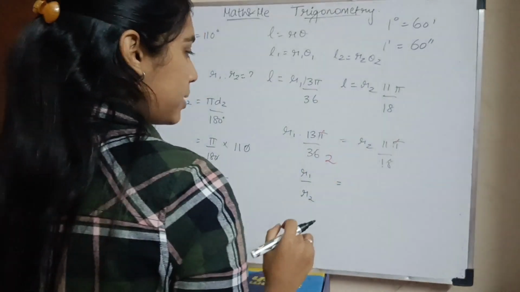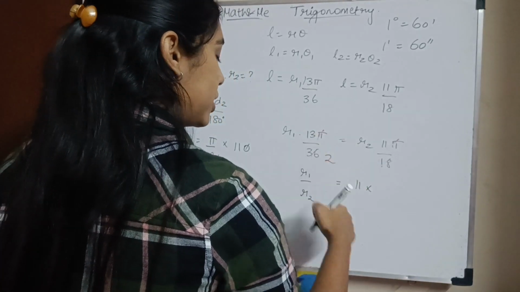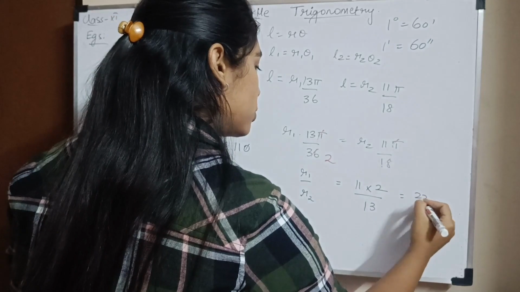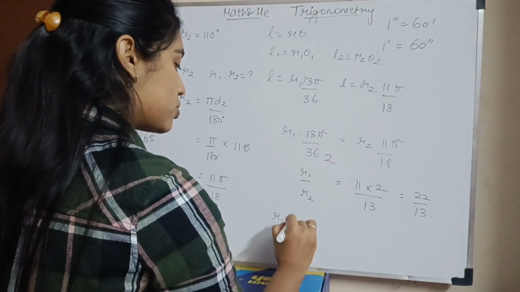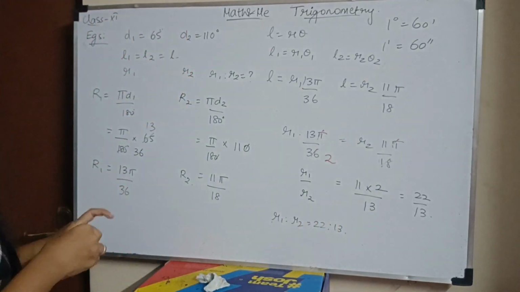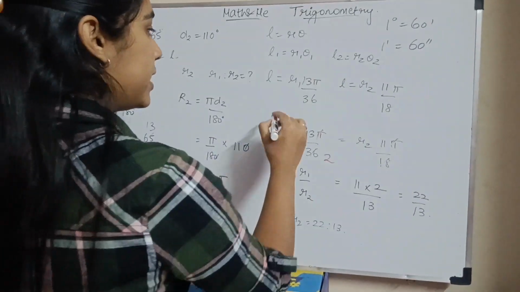So I am left with 11 times 13 by 2, and when it comes to the other side, it becomes 2 by 13. So I'll have 22 divided by 13. This is my ratio, R1 is to R2 is 22 is to 13. Did you understand what I did here? The LHS is equal, so I'm equating my RHS.